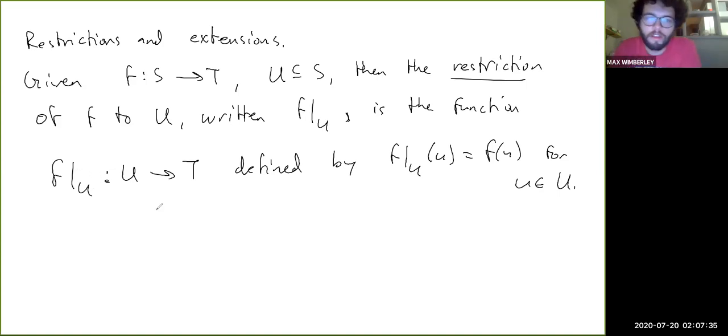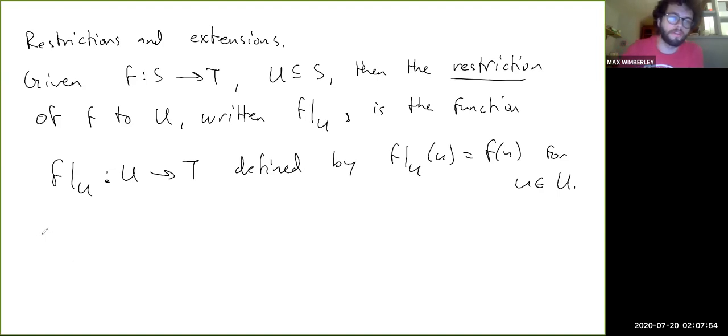So this is a restriction, okay? This is a restriction of f from a larger set to a smaller set. Literally all it does is define a new function whose domain is just whatever subset you were looking at, and it has the same values, right?